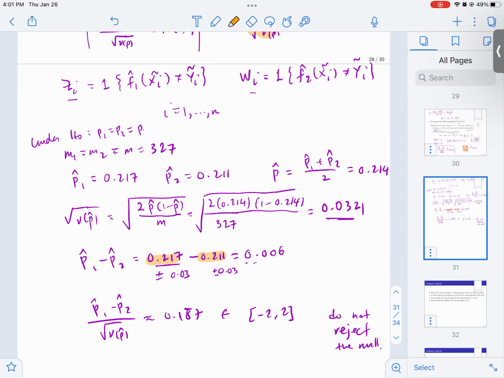Yes. What do you mean by writing the plus or minus 0.03? So that's the variance. Let's say the variance. Oh, actually not. I shouldn't say that, because that's the standard deviation. Assuming that you agree with this calculation, which is a little bit iffy, this is the standard deviation. So p hat minus p hat 2 has a distribution centered around 0.006.